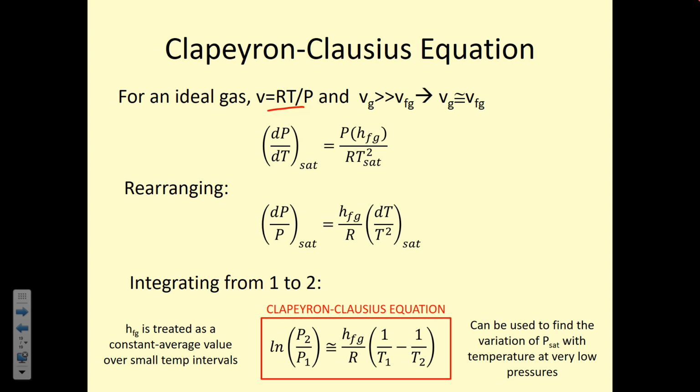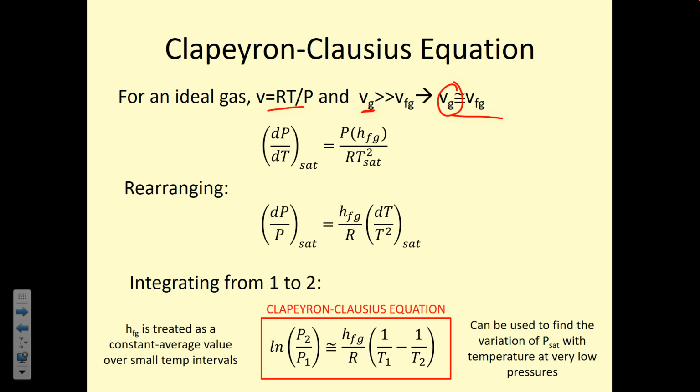Okay, so then the Clapeyron-Clausius equation is specific to the ideal gases. So if we then, knowing that V is equal to RT over P, and for an ideal gas, our V sub G is much bigger than VFG. So we're super far away from being a fluid. So our V sub G is huge. So we can say that the difference between the two is just approximately equal to V sub G. That means we're so far away from the dome and far above the dome that if we were to take V sub G minus V sub F, it's going to be approximately equal to V sub G because V sub F is so much smaller.